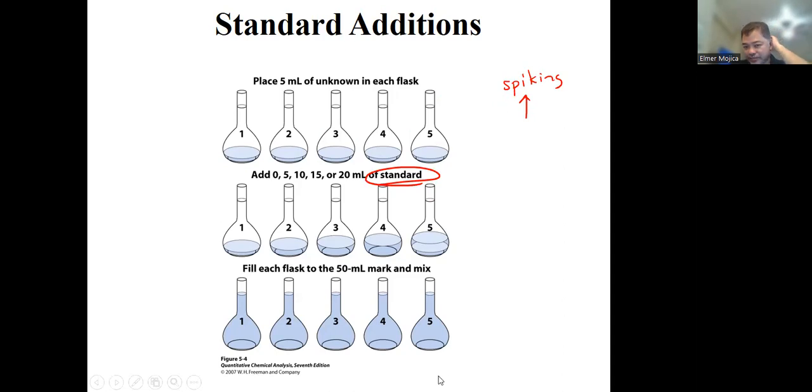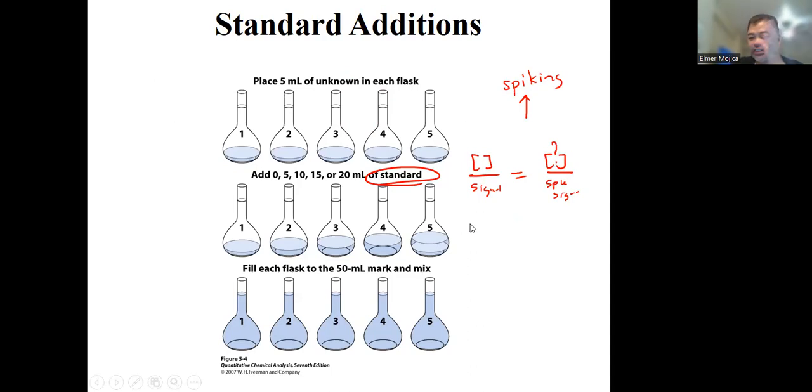And when you spike them, it's a different concentration already, and then you have one container with only the sample, where you did not add any standard. So if you only do a single point standard addition, again, it is a ratio and proportion: whatever concentration you add and the signal, and then your sample, and then the corresponding concentration that you will get.